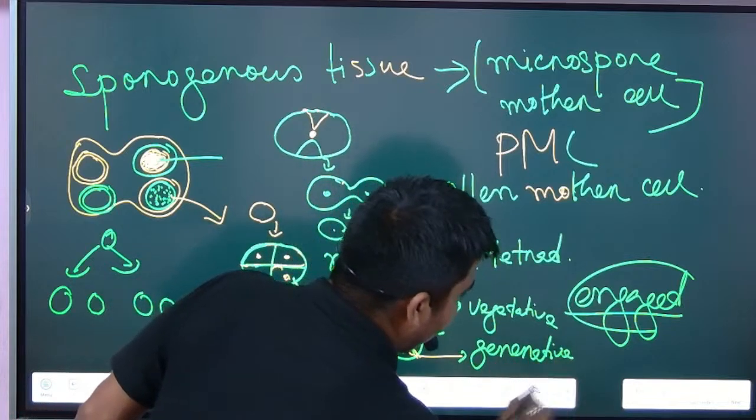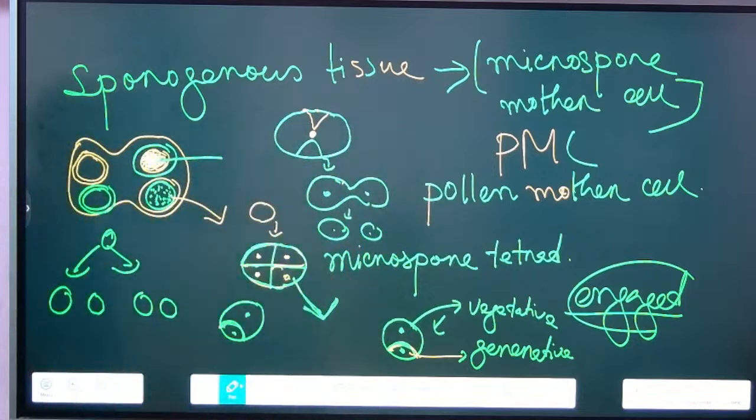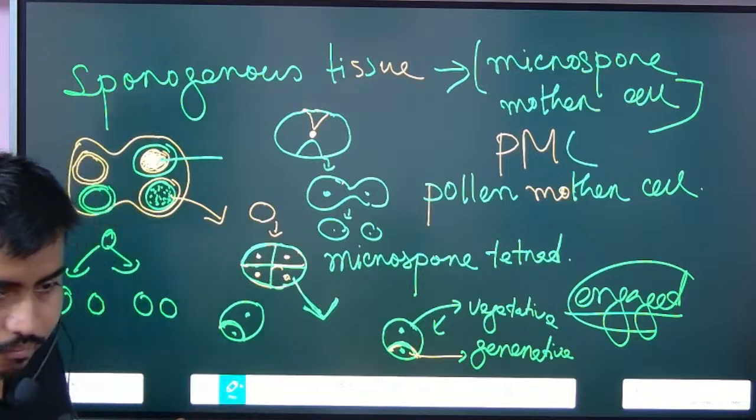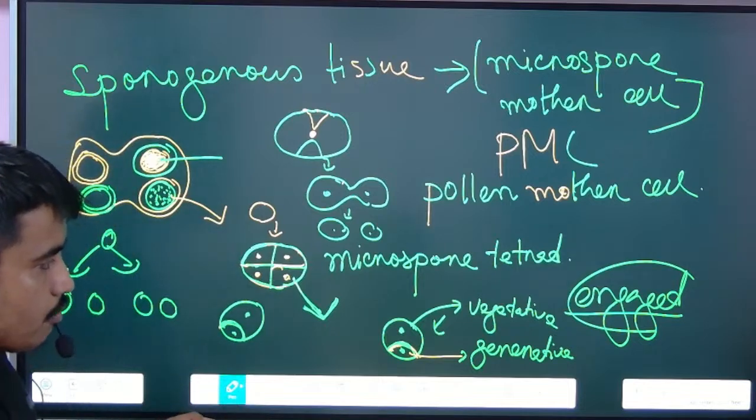Listen one thing, vegetative in case of plants means the portions except the sexual part. The sexual part of a plant is denoted by the flowers. Other than this, the stem, branches, leaves, and roots are called vegetative.